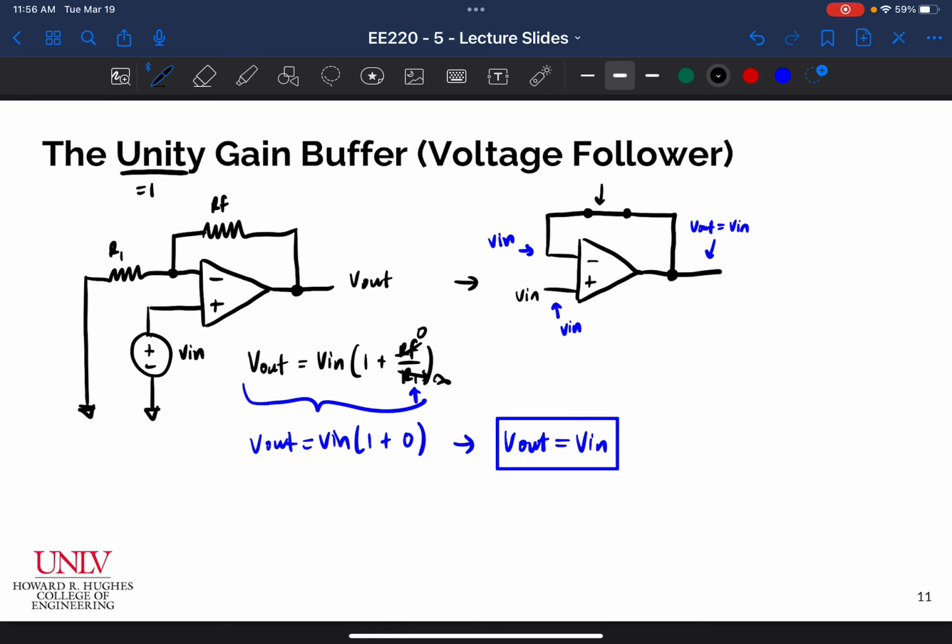It's better to introduce it now than to wait until later. And again, it's really just a special case where I basically let this resistance be huge, so there's nothing there, and I let this resistance be 0, and that's where I end up with my unity gain configuration, just like that. All right, so I'm going to go ahead and end this video here.